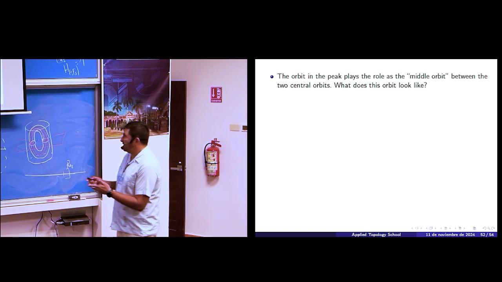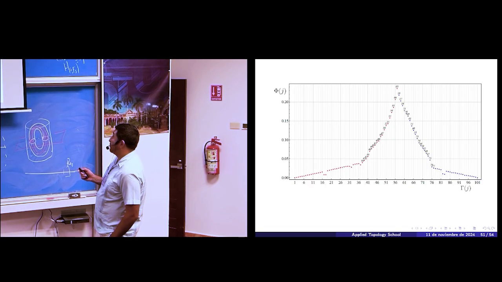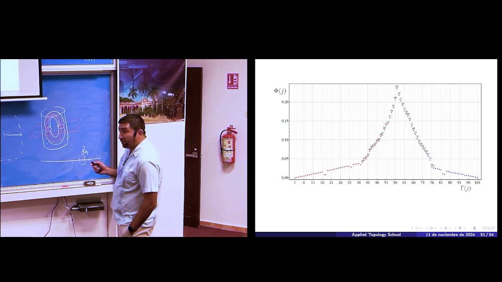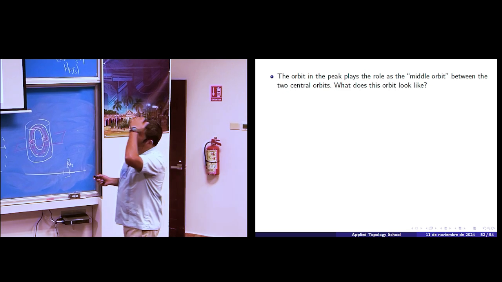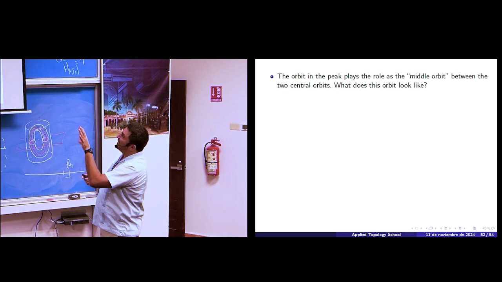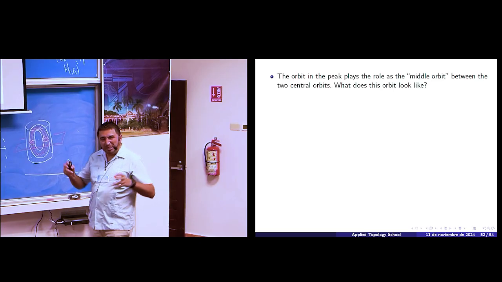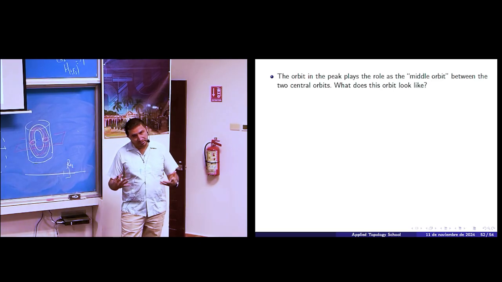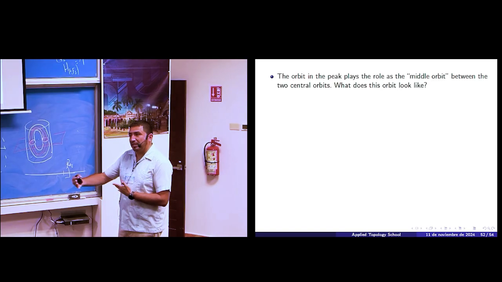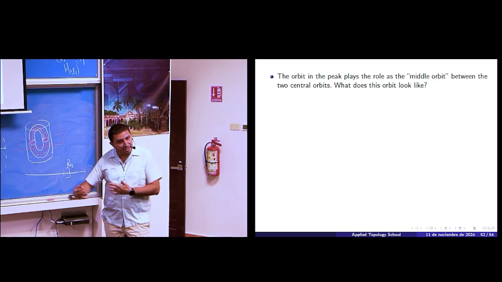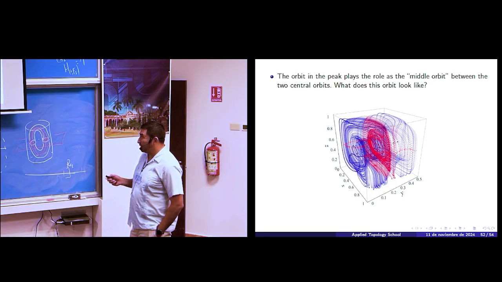But here, because of the trend, obviously the question is, what is that orbit in the peak? The orbit in the peak plays a role as the middle orbit between the two central orbits, but the middle in shape, because right now we are comparing the shapes of the orbits. This is the orbit which is the middle in shape.